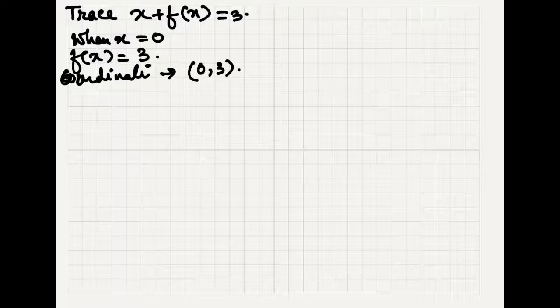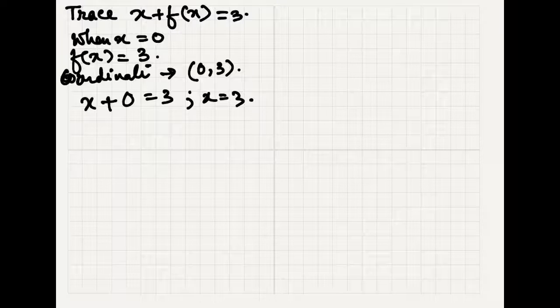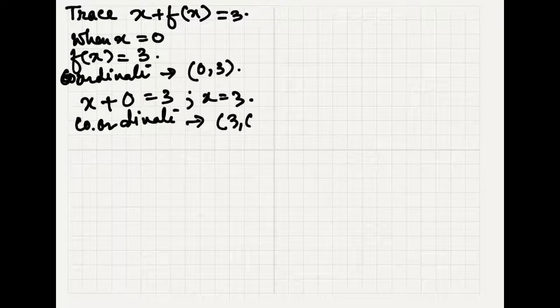Similarly, to find the x-intercept, we consider f(x) equals 0 and putting in the same value, we have x plus 0 equals 3, hence x equals 3. Therefore, the coordinate of that point would be (3, 0).